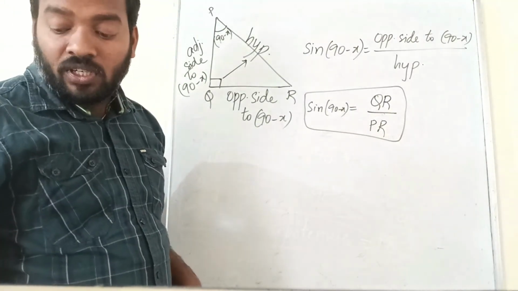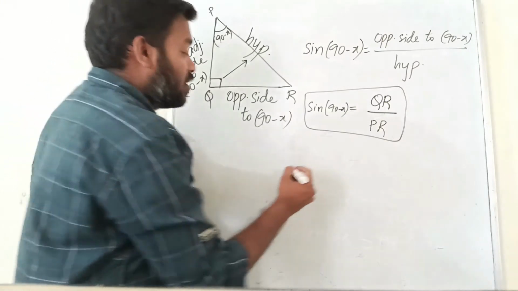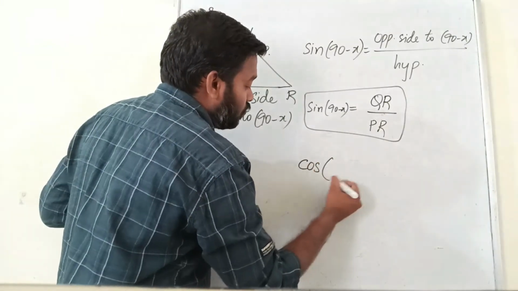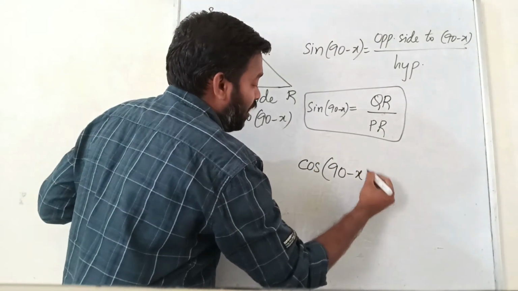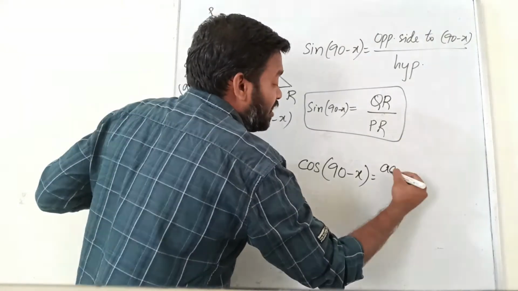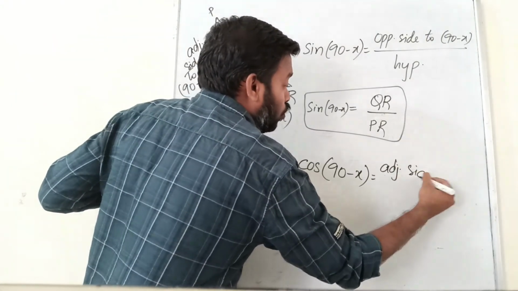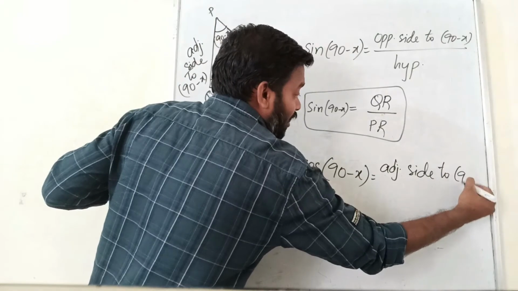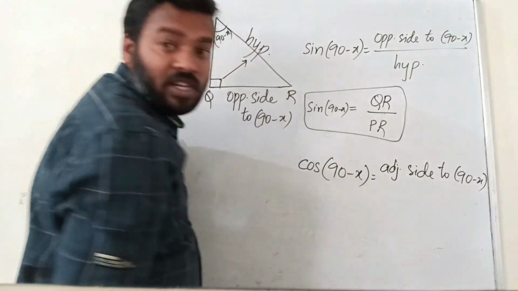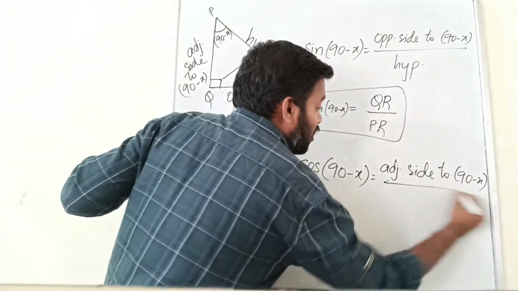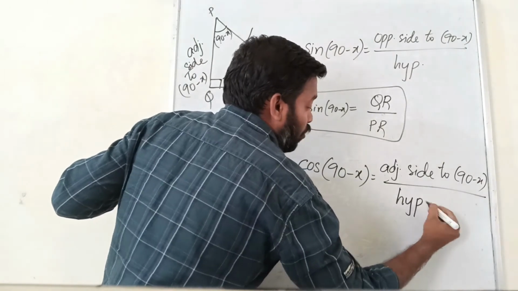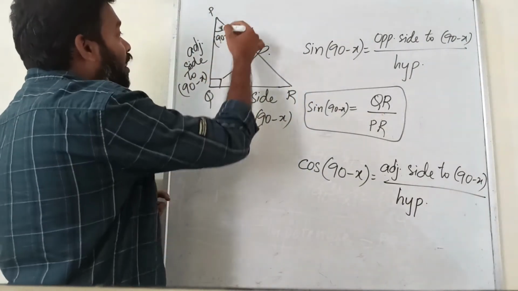Next we shall go for cos 90 minus x. That is the adjacent side to 90 minus x by the hypotenuse. What is the adjacent side to 90 minus x?